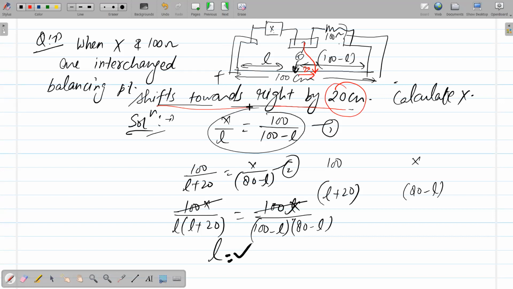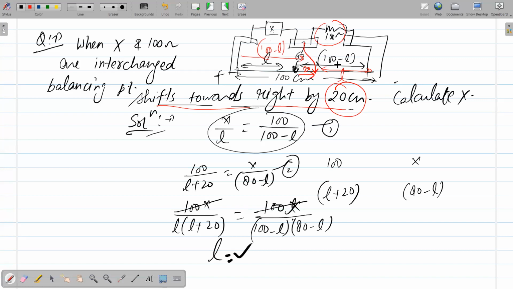So if you observe the same thing in the diagram, when I connect this 100 ohm at the left side and X ohm at the right side, you can think that due to symmetry, 100 minus L length will be obtained at the left side now, and L length will be obtained at the right side now.